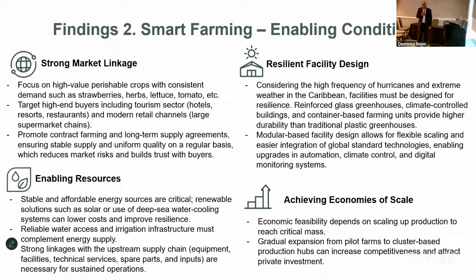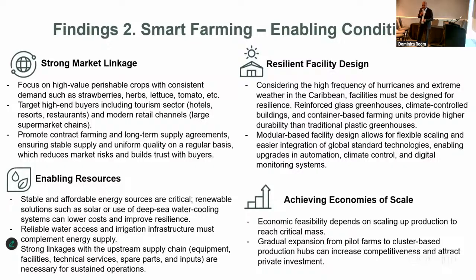In terms of resources, as I mentioned before, you need an energy resource, whether solar, diesel, or some type of generator, to ensure consistent energy supply, as well as water, irrigation, and some level of storage for your produce.